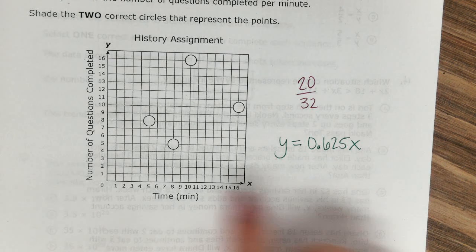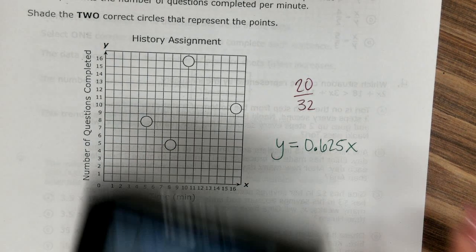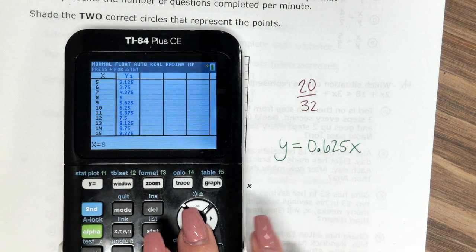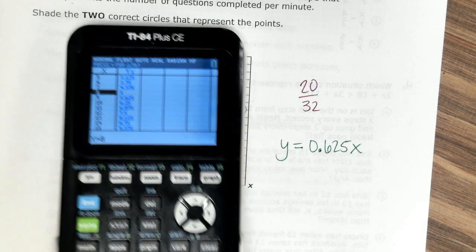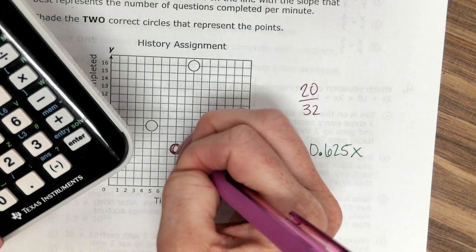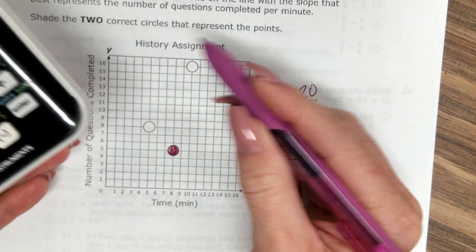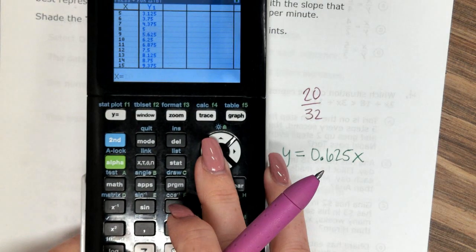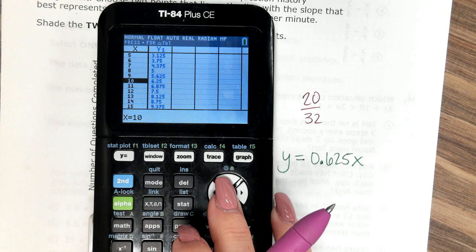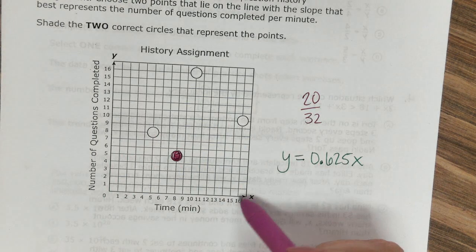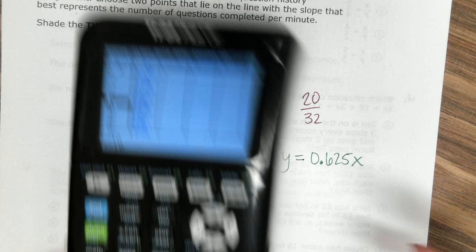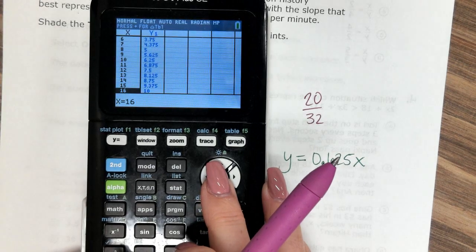All right, let's see if 8, 5 is on there. Is 8, 5 on there? So that's one of my answers right here. What's this one? 10, 16? Is 10, 16 on there? Nope. Is 16, 10? Well, I got to scroll down and find it.